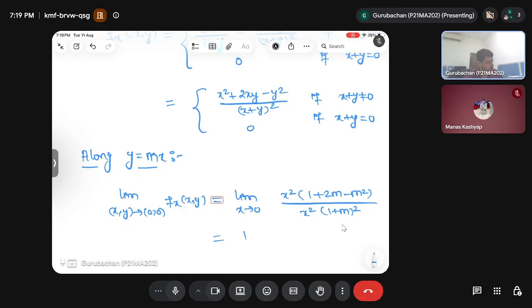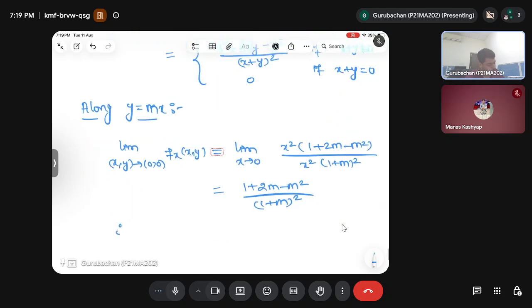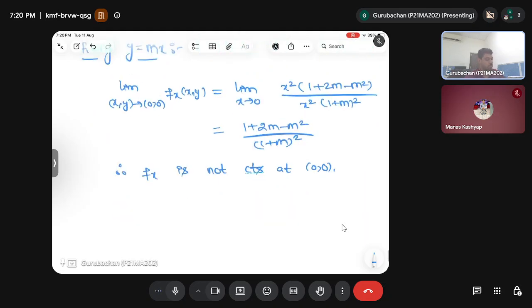So this will be depending on m. Therefore fx is not continuous at (0,0). So obviously the sufficient condition is not satisfied.